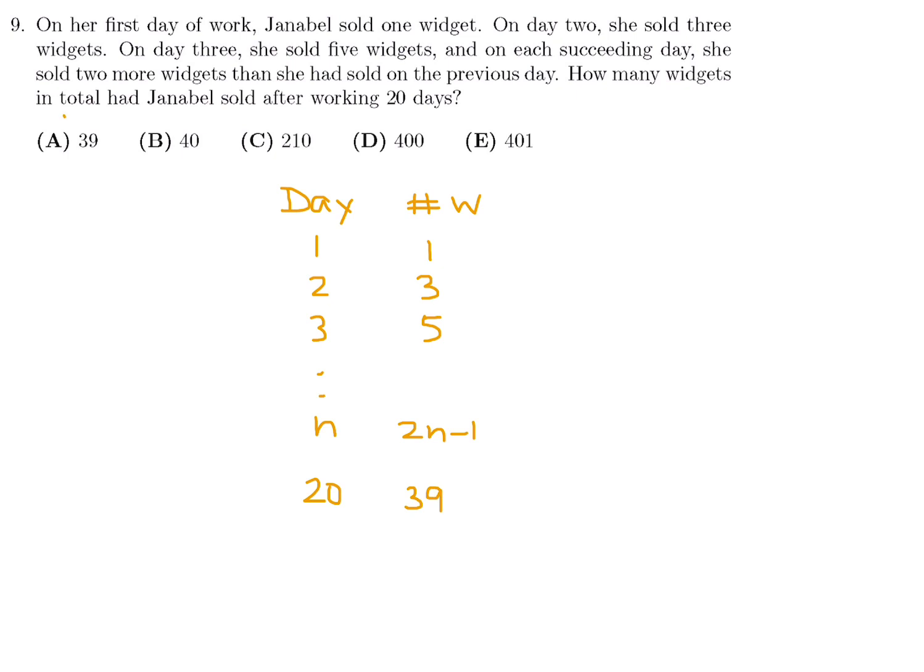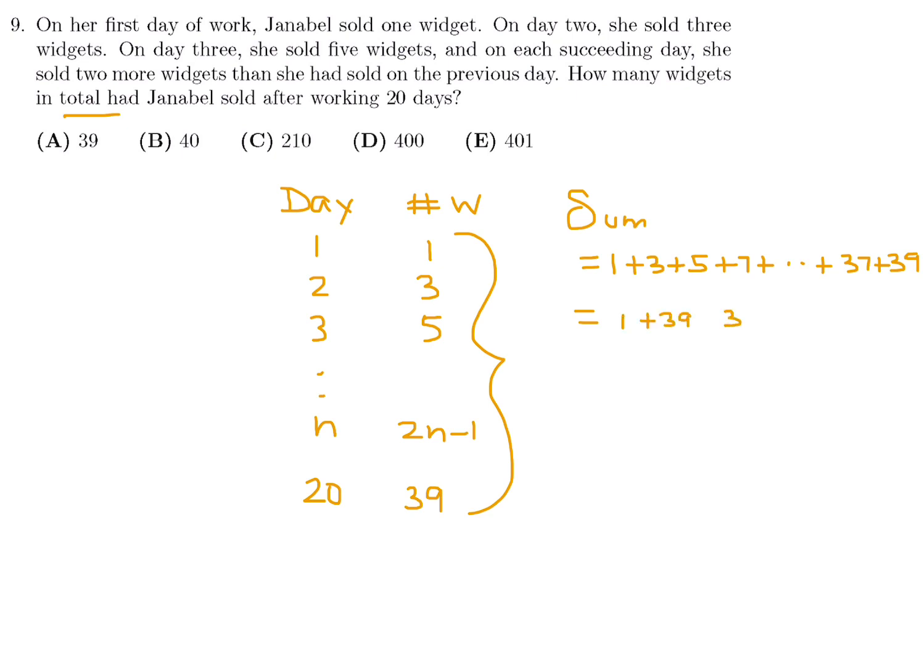So what they're saying is the total, they want you to add up all of these for 1 to 20. So the total sum is going to be 1 plus 3 plus 5 plus 7 all the way up until 37 plus 39, like that. And I pair them up, so 1 plus 39, 3 plus 37, and so on, right?